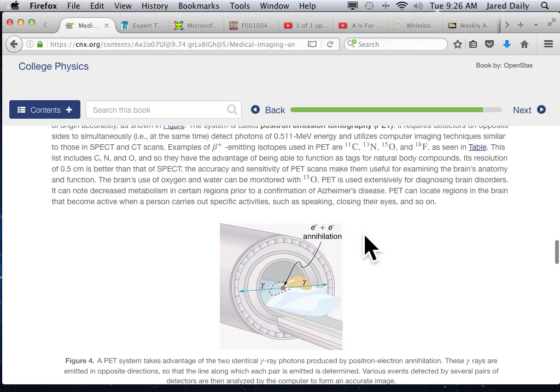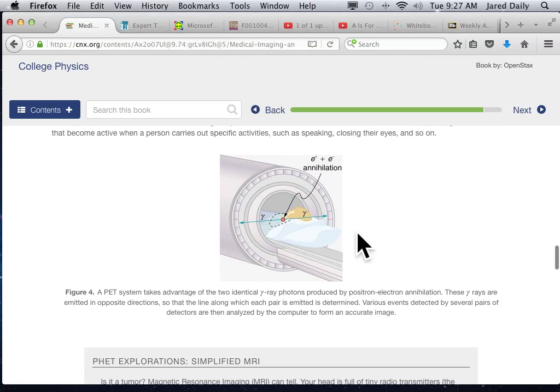You have another one down here, the PET scan, which is positron emission tomography. Same kind of idea. The machine creates the positron through an acceleration process, so it has essentially an accelerator that creates positrons.